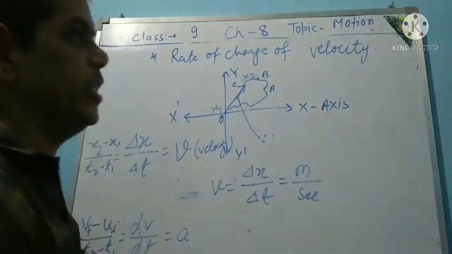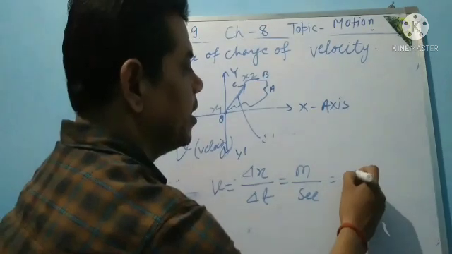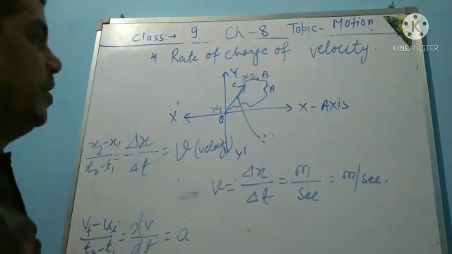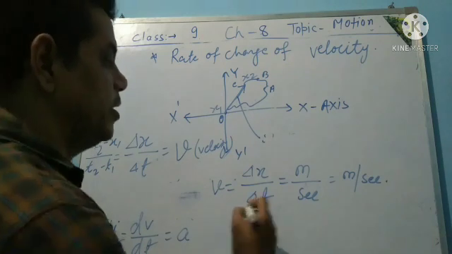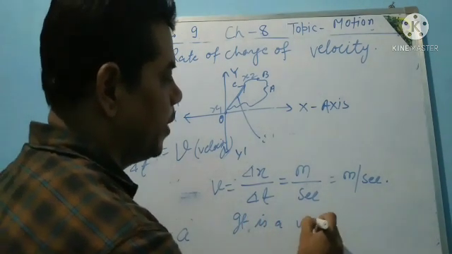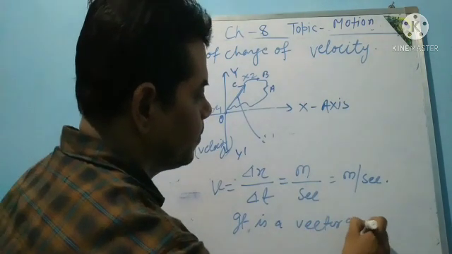So velocity unit is meter per second. It is a vector quantity.